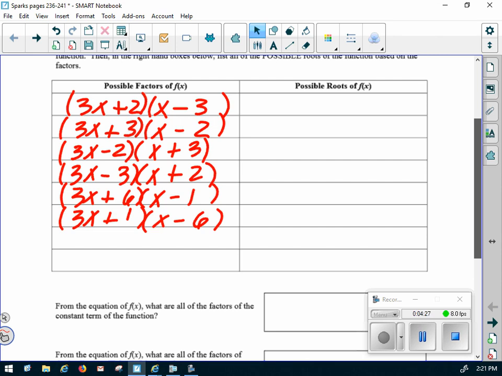How many different options have I got here? And then I could flip the signs. I knew all these lines had to be filled. But it could be 3x minus 6 and x plus 1, or it could be 3x minus 1 and x plus 6.